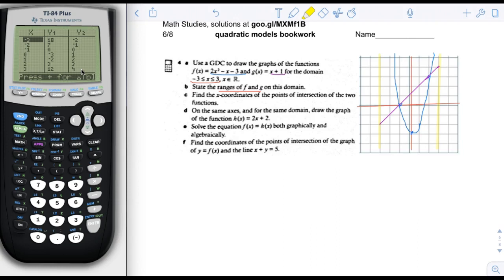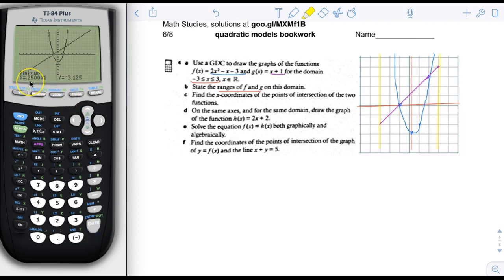Well, let's see, it's got a vertex, and the vertex, I can't really tell exactly what the vertex is, but I could do second calc minimum, and I could see exactly where the vertex is by moving the cursor first to the left bound, slightly to the left of the vertex, then slightly to the right of the vertex, and then I make my guess.